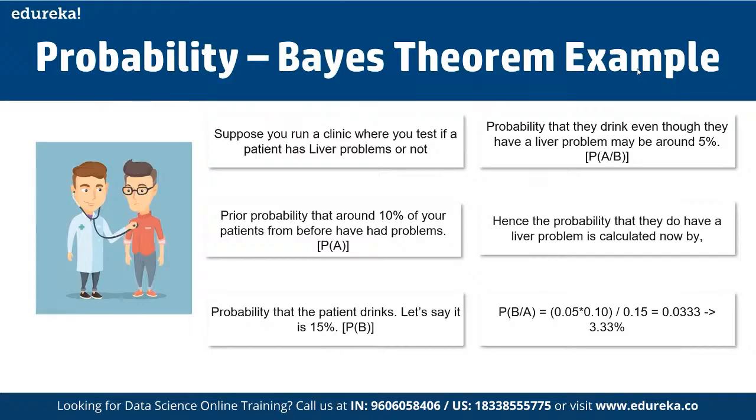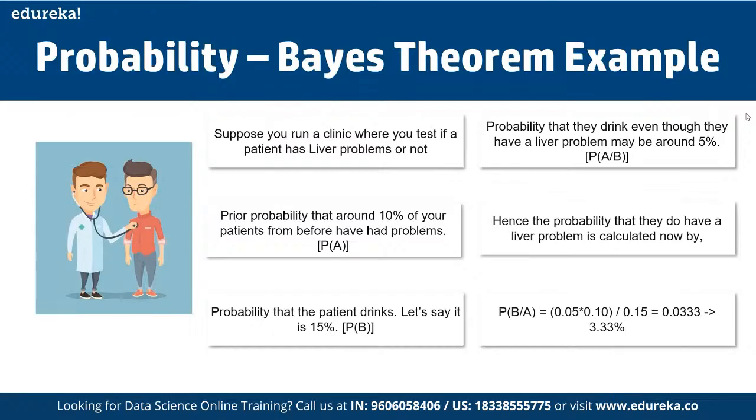Hence the probability of a liver problem is calculated by the probability of B given A, which is 5%, divided by the probability that the patient drinks, and that gives us the probability of finding patients who have the liver problem, around 3.33%.